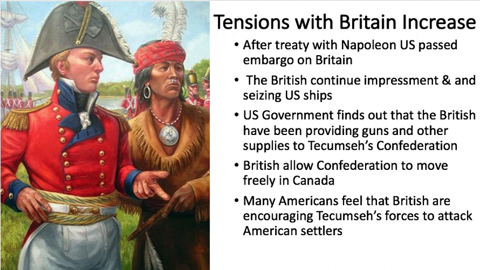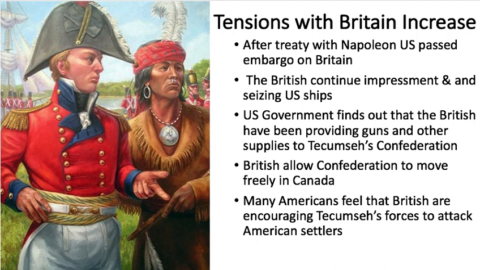On top of it, after Tippecanoe, it is found out by U.S. government soldiers, investigating the weaponry of Tecumseh's Confederacy, that they're using British weapons, and they come to determine that the British have been providing guns and supplies to Tecumseh and his confederation and his military.